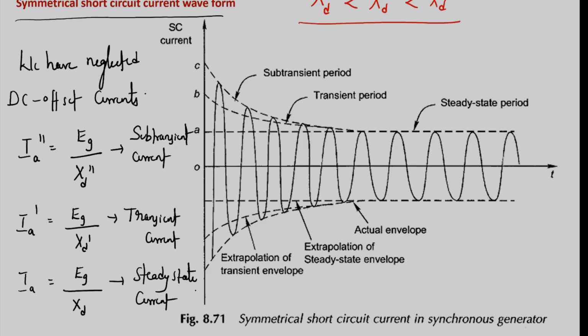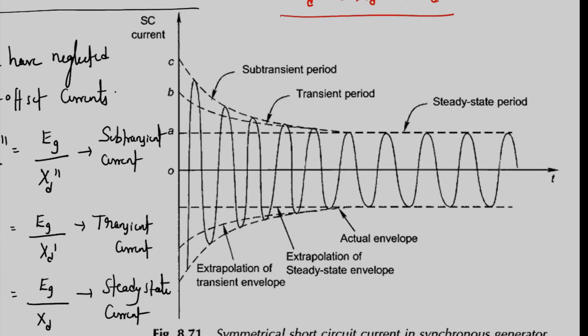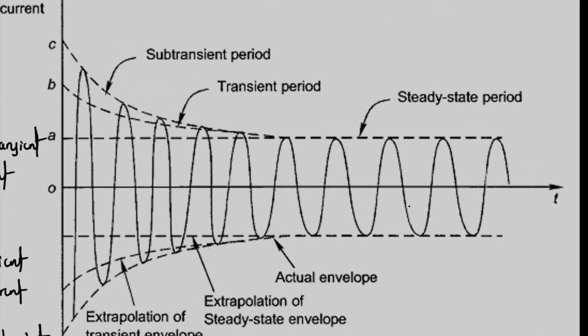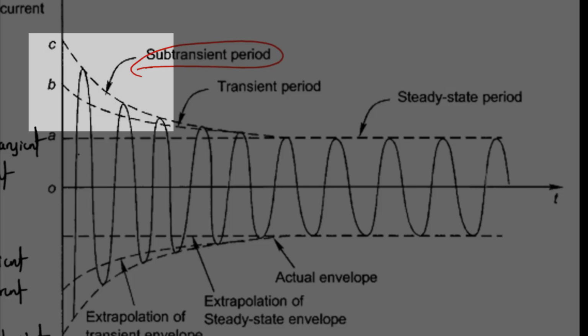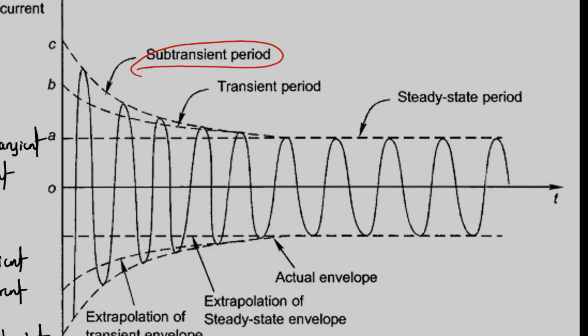Now, if you analyze the nature of this symmetrical short circuit current, in the subtransient period the value of this symmetrical current is high. The subtransient period is at maximum 1 to 1.5 cycles.